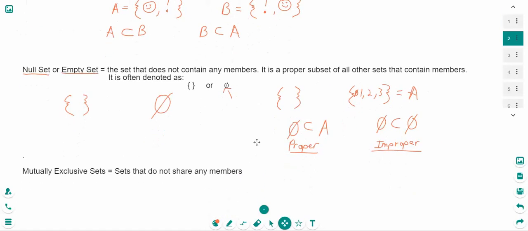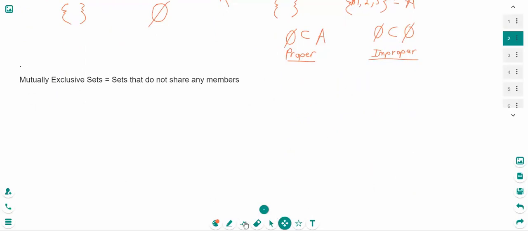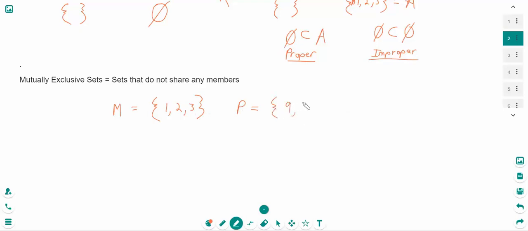And then finally, let's talk about the mutually exclusive sets. So if I have a set such as, we'll mark this one as M, just to use a different letter, M is equal to the set 1, 2, and 3, and P is equal to the set 8, 9, 10, and 11.